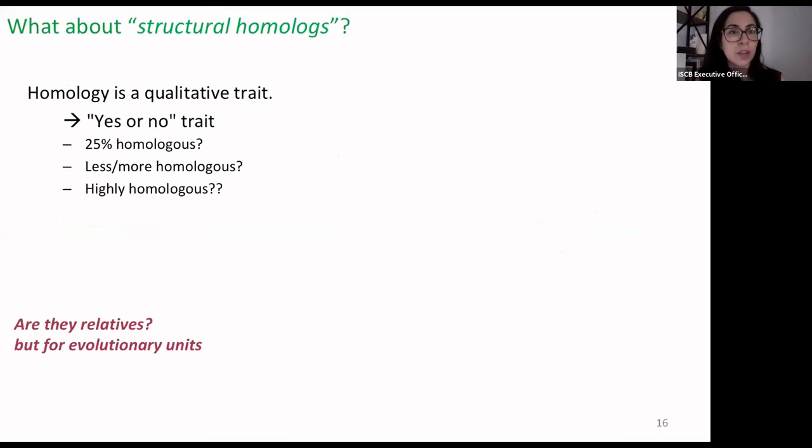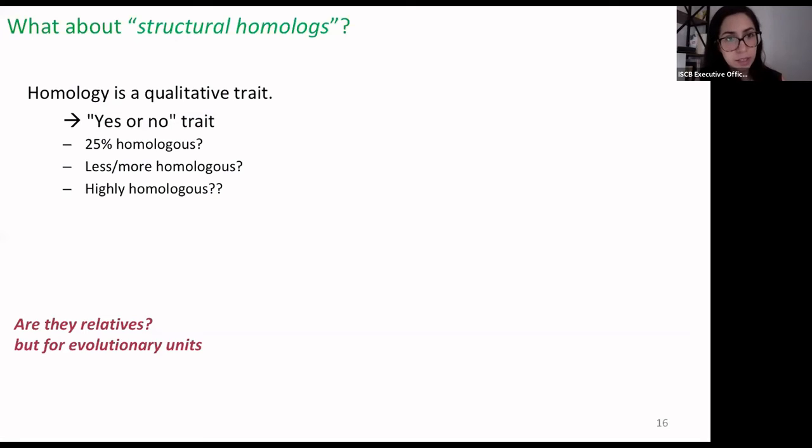Another thing about homology. So many times we will hear the term structural homology, usually referring to excess structure similarity, but homology is a qualitative trait. So when you refer to similarity, you should say similarity, not homology.